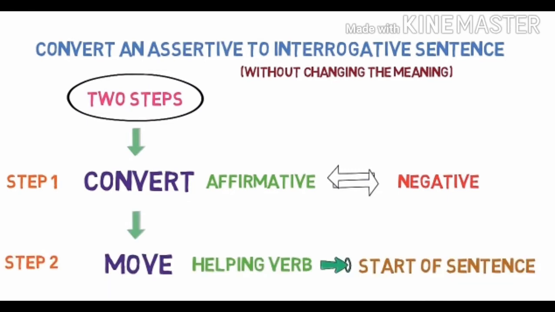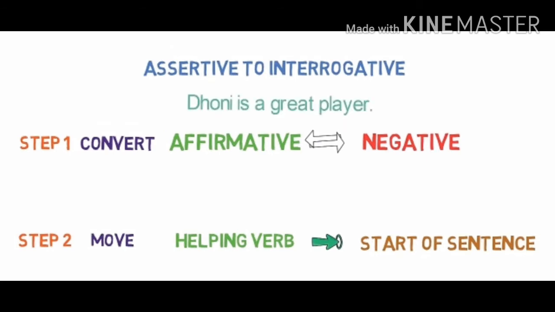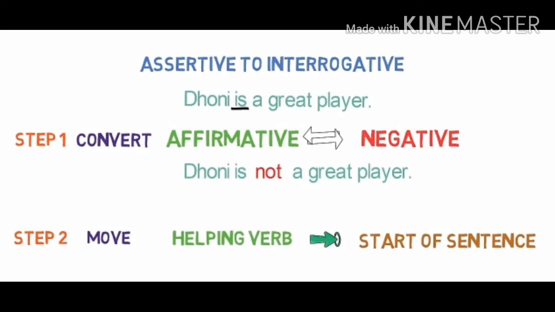Step 2 is to move the helping verb to the starting of the sentence, the first position of the sentence. We'll look into the example and understand how we have converted it. Step 1, convert affirmative to negative or negative to affirmative. Our first sentence is Dhoni is a great player. This sentence is affirmative, it is positive. First of all, we will convert it into negative.